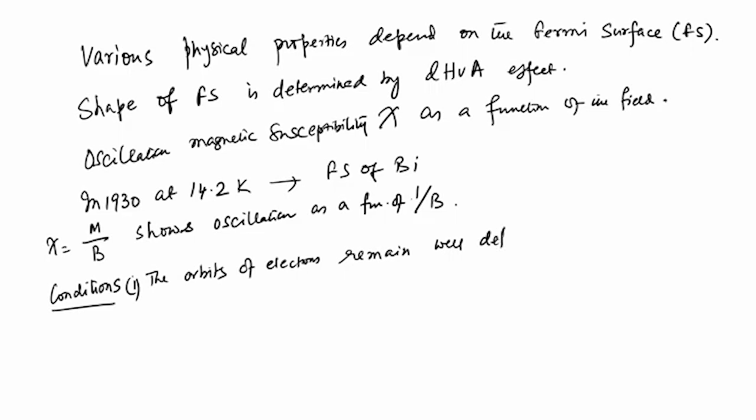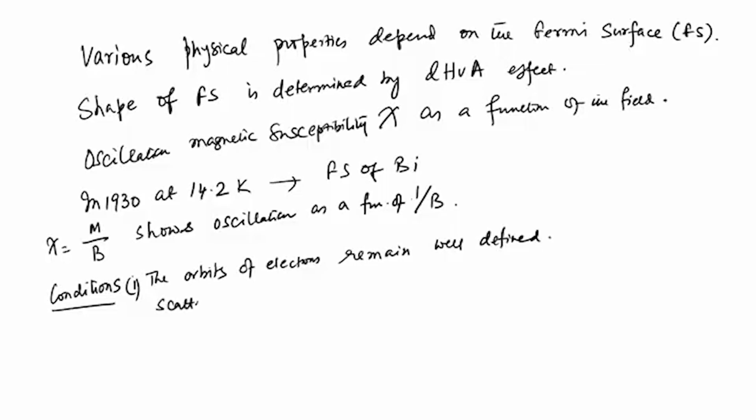It can be stated in this fashion that these electrons execute various orbiting motions before they get scattered. Okay. So, this tells you that scattering effects are minimal, and they are there, but they do not destroy the orbits. And also it is true that the quantization of the orbit remains robust.